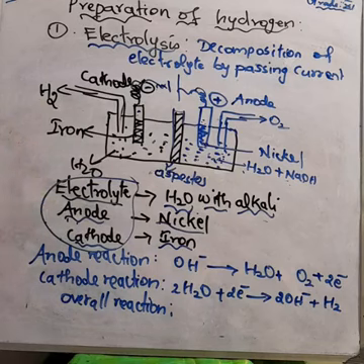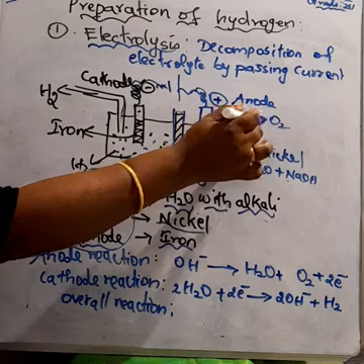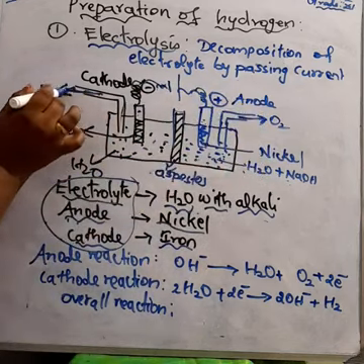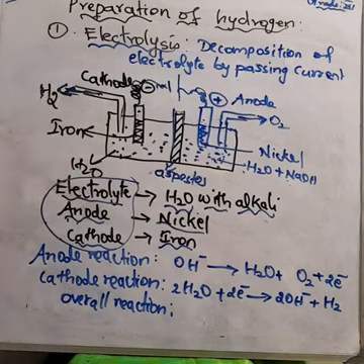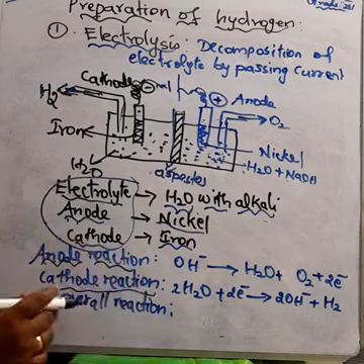At the anode, oxygen gas is evolved. At the cathode we get hydrogen. Understood? So here 2 types of reactions take place: the anodic reaction and the cathodic reaction.